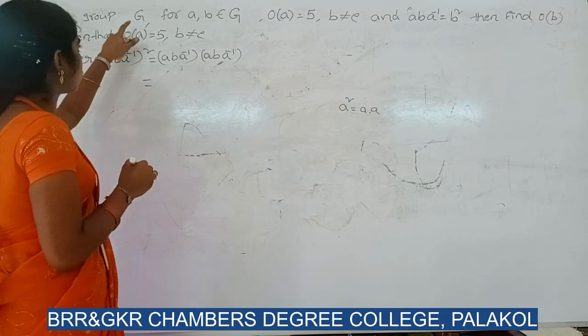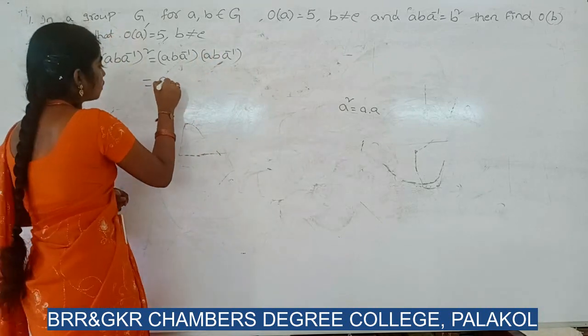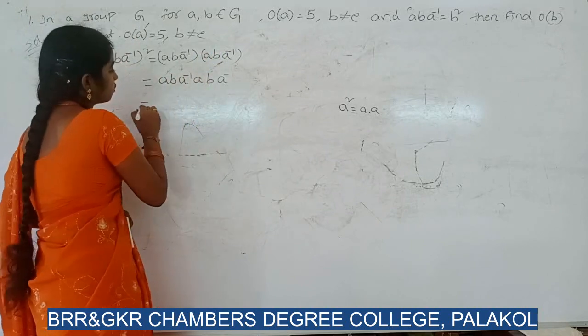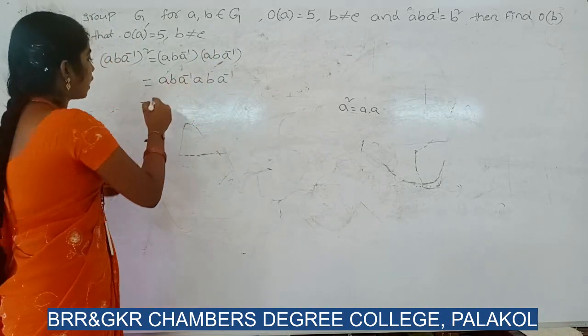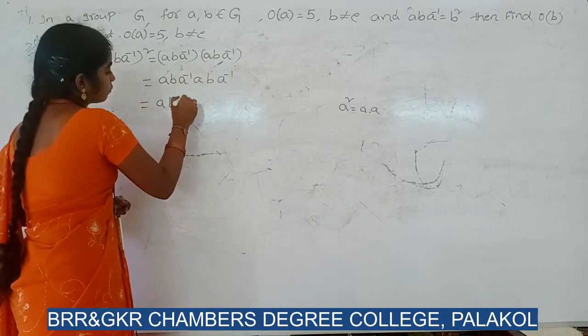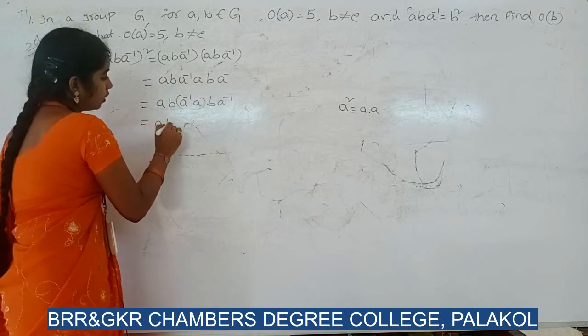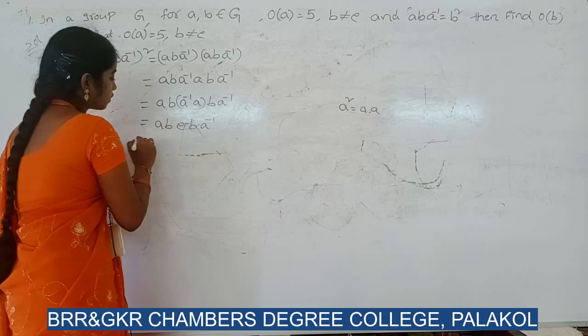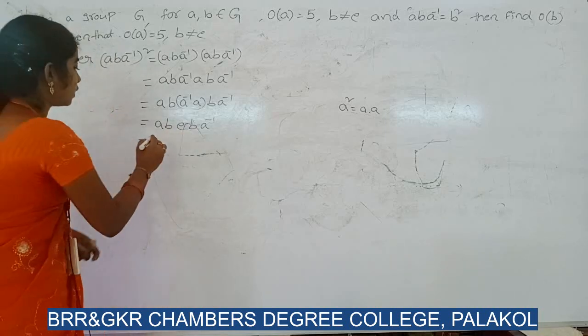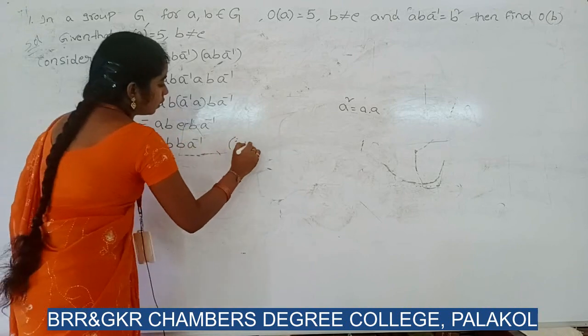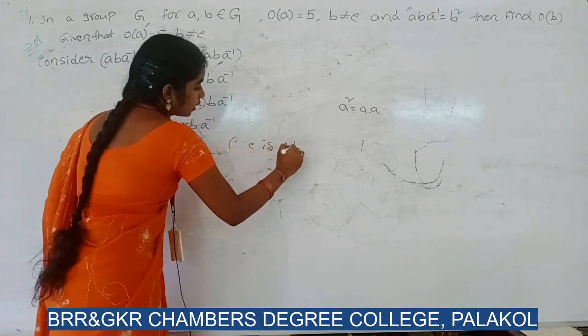Since G is a group, by the associative law, a b a inverse a b a inverse, where a inverse into a is e, so a b, e, b a inverse. Here e is the identity element.